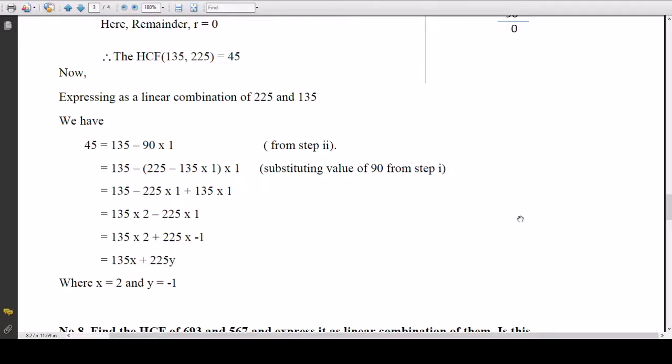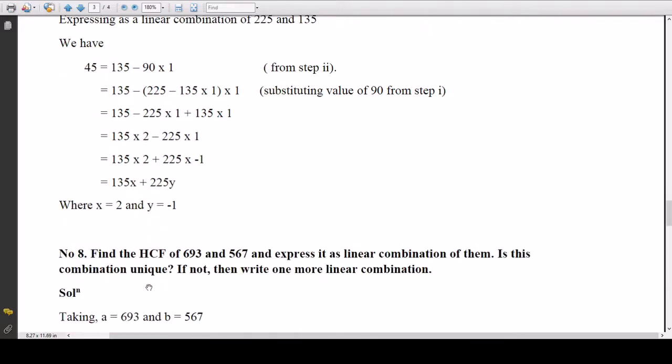You will get 45 only, isn't it? If you substitute the value of x and y, you will get the same value, 45 only. But here we have expressed this 45 as a linear combination of x and y, where x is 2 and y is minus 1.